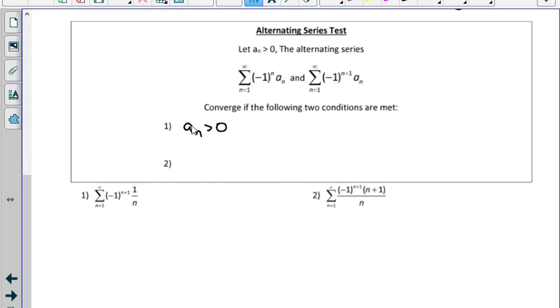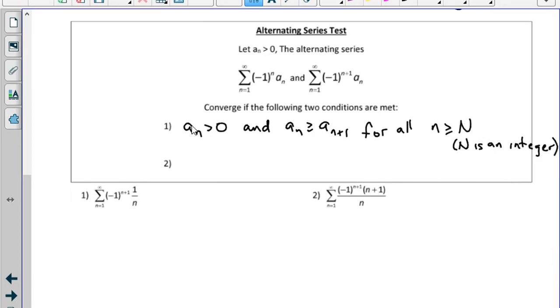As long as a sub n is greater than 0 and a sub n is greater than or equal to a sub n plus 1 for all n bigger than or equal to some capital N, where capital N is an integer.